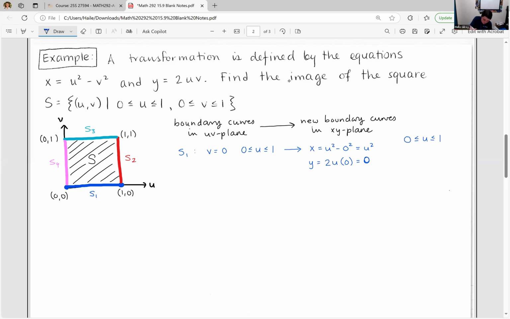The goal here is to make x appear in the middle. From my work already, I know that x is equal to u squared. So the first thing I can do is square all of the different parts of this inequality to get that 0 is less than or equal to u squared is less than or equal to 1. But since I know that u squared is x, this bounds x between 0 and 1.